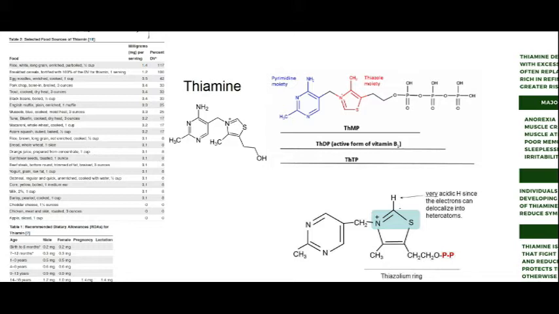So high sources of thiamine are rice, so white rice or long grain rice and enriched rice, breakfast cereals, so fortified meaning that they add extra into it. And so noodles, pork chops, and trout, so fish and pork are good sources.